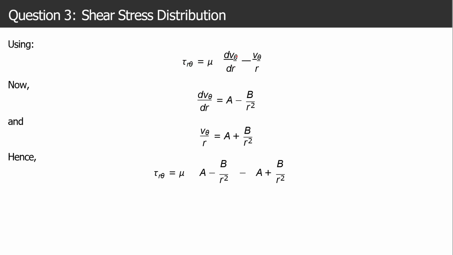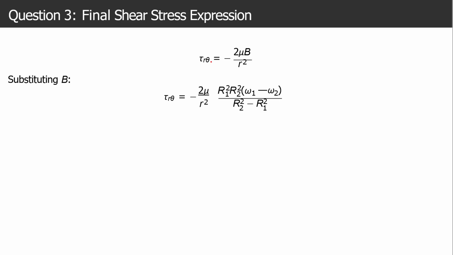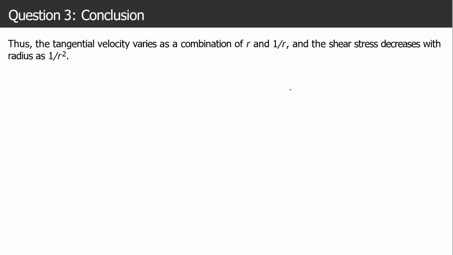Dividing v theta, we get v theta by r. Subtract it, a will get cancelled, and we are left with only 2b by r square and the mu. So we get tau, which is inversely proportional to r square. So the shear stress decreases with radius as 1 by r square. So we derived both of the equations.